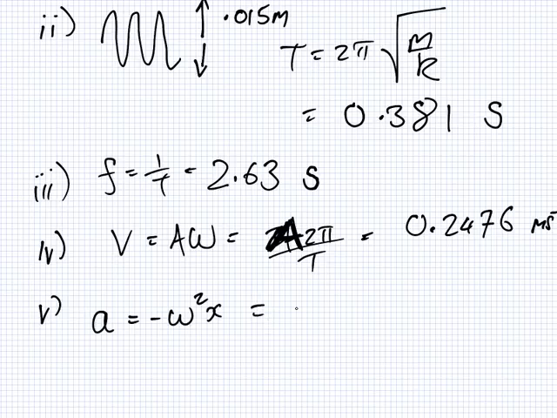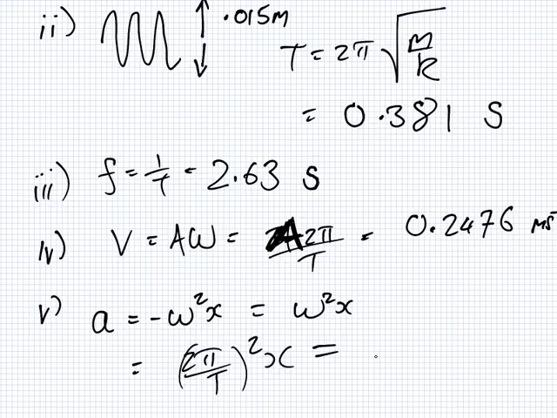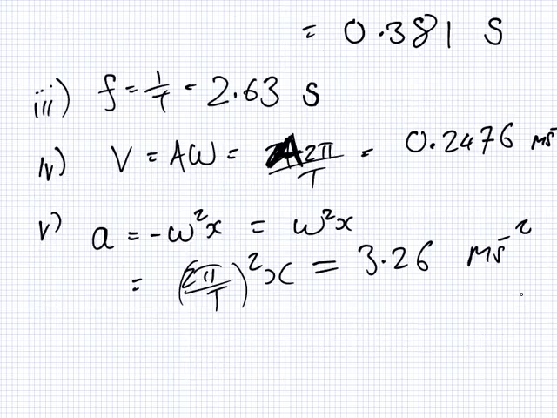I don't really care about the minus though, because it just is the direction. 2 pi over T squared x, and the x is 0.012 meters per second squared. Well, this is all very straightforward. Why is there... In the question, that's the x.